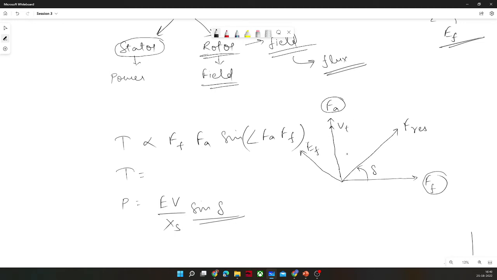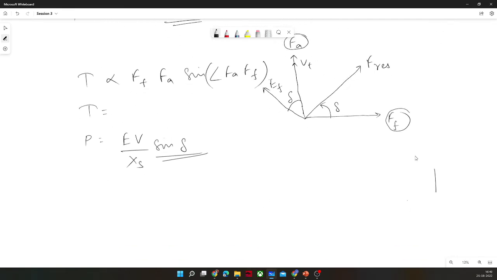So this angle is similar to this. Generally, you see torque is equal to FF, F resultant sine between them, FA and F resultant.